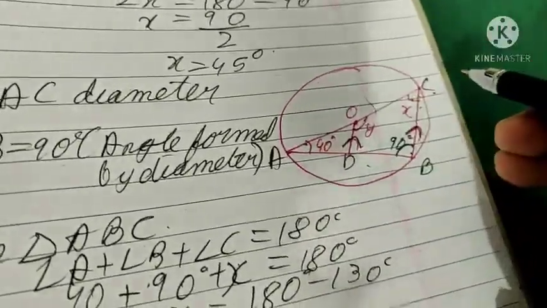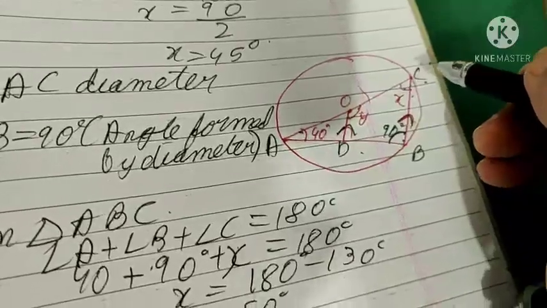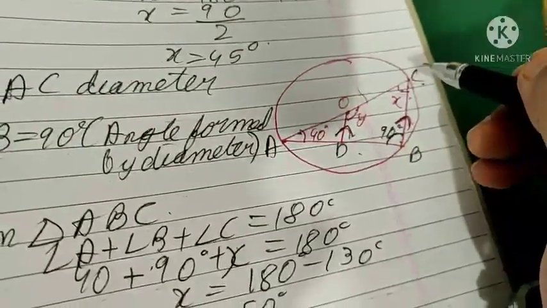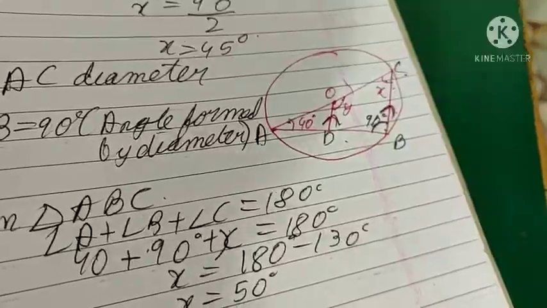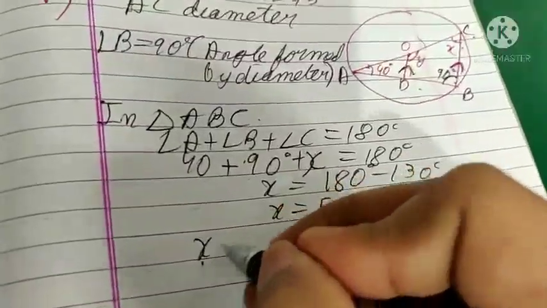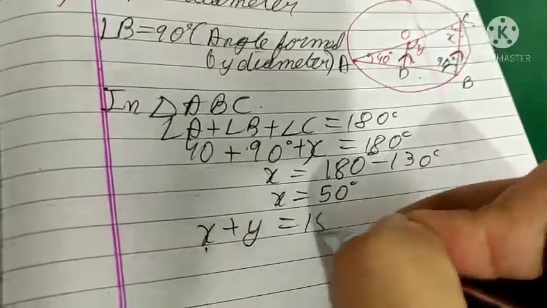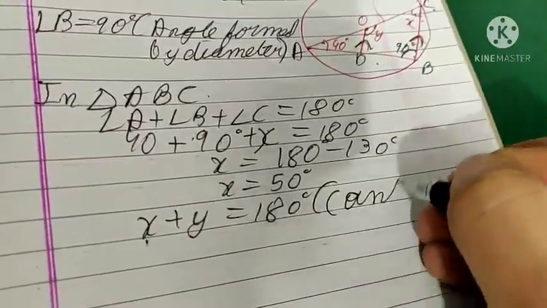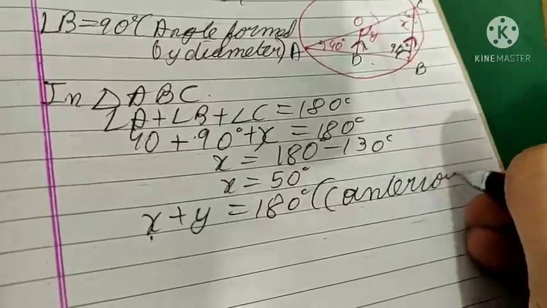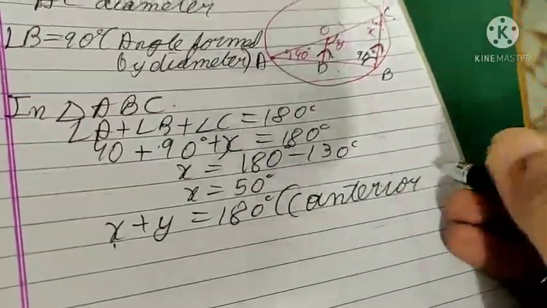And what are co-interior angles? Those whose sum is 180 degrees, formed between the two parallel lines in the interior part. Angle X plus Y is equal to 180 degrees. Why? These are co-interior angles.